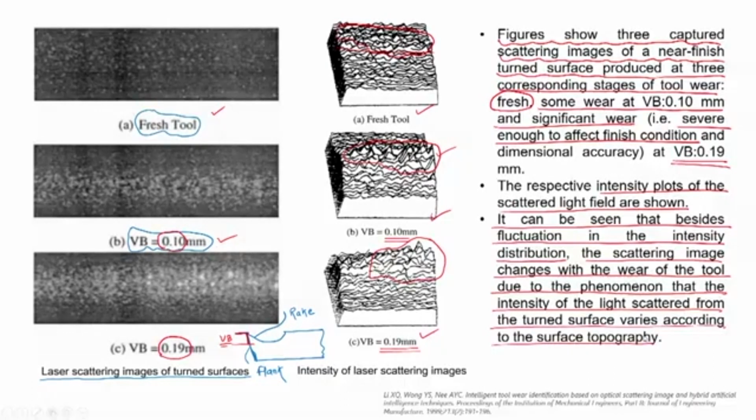Here the concept is that the reflection from the machined surface is according to the surface topography, and as we are changing the tool, the surface topography and the surface profile are getting changed. With a fresh tool the surface topography was different, with a worn out tool it was different. So, by capturing the image of this surface topography, we can easily detect the tool wear or the tool life.